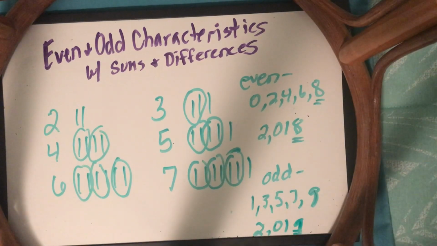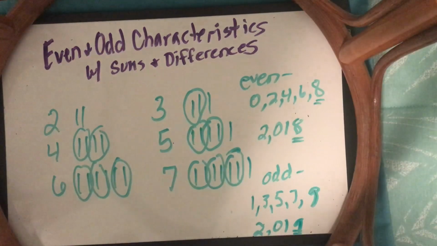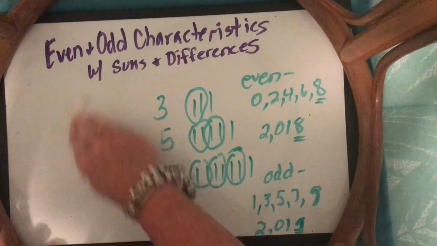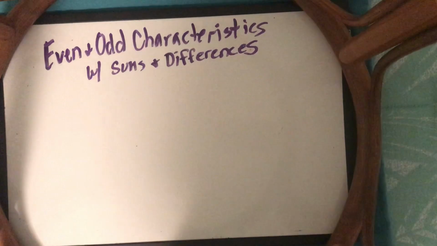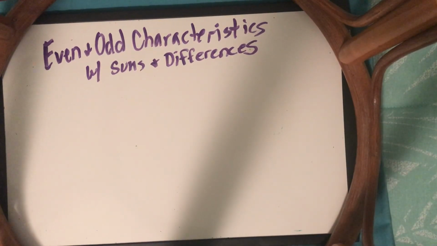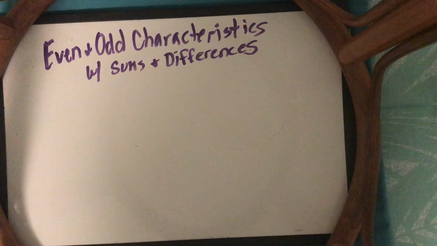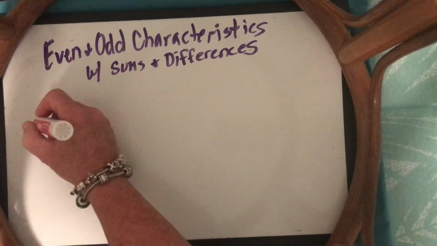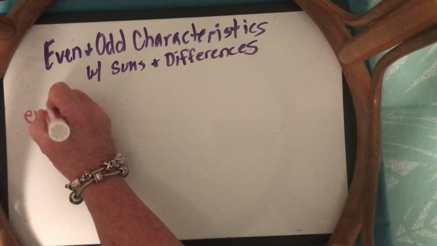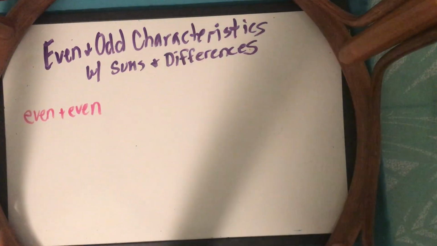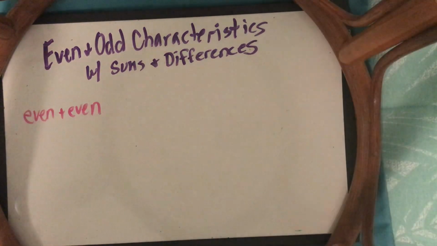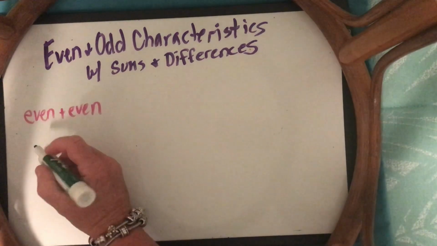Okay, so sometimes we take our even and our odd numbers and we have to add and subtract them. And the cool thing is that there's always a pattern that you're going to follow when you're adding and subtracting even and odd numbers. So for instance, if you add an even plus an even number, you're always going to get the same thing. And it's easy to figure out because we can do simple examples.